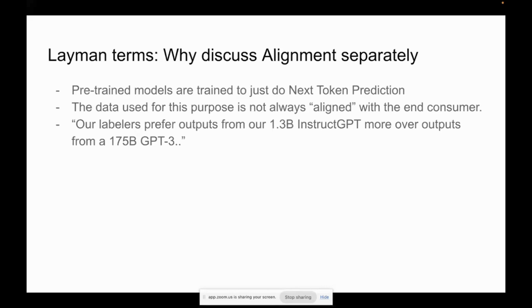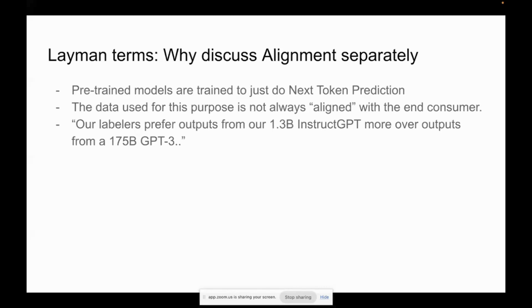So the gist here is that the data that we are using for pre-training is not always aligned with the end consumer of these products. And if we look at one very outstanding statement from an OpenAI technical report, it says that our labelers prefer outputs from our 1.3 billion InstructGPT.